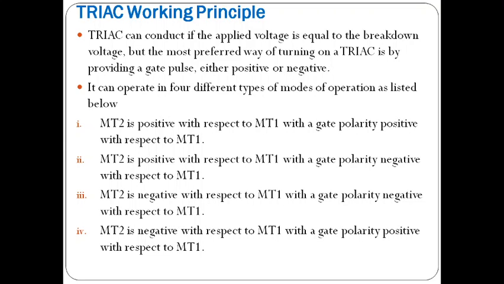In second condition, MT2 is positive with respect to the MT1, with gate is negative. In third condition, MT2 is negative with respect to the MT1, with gate is negative. And fourth condition, MT2 is negative with respect to the MT1, with gate is positive. These are the four different types of modes of operation of triac.